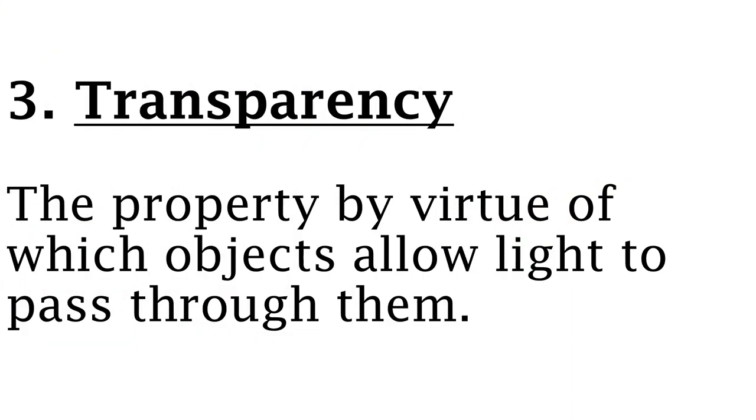In lecture number 2, we learnt about two properties: appearance and hardness. Now, let's start the topic with third property. It is transparency. The property by virtue of which objects allow light to pass through them.